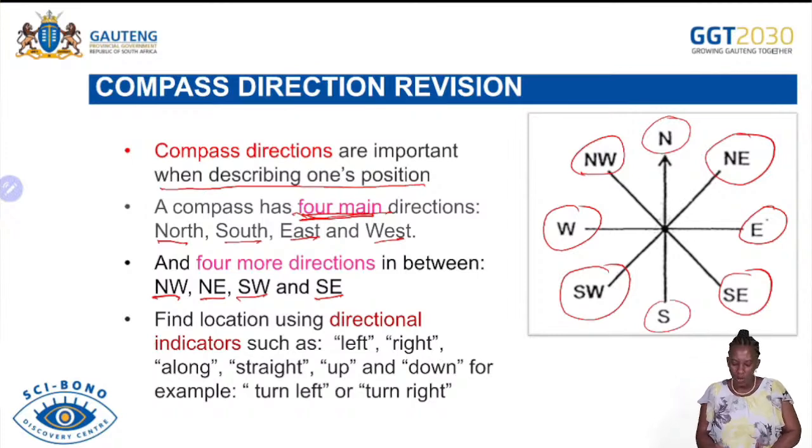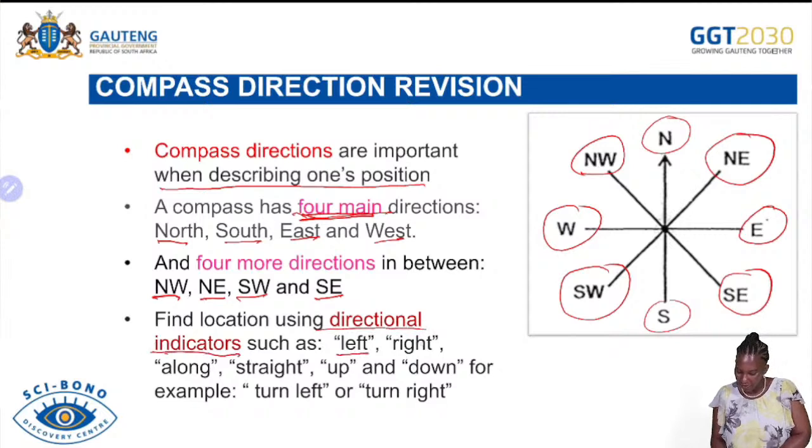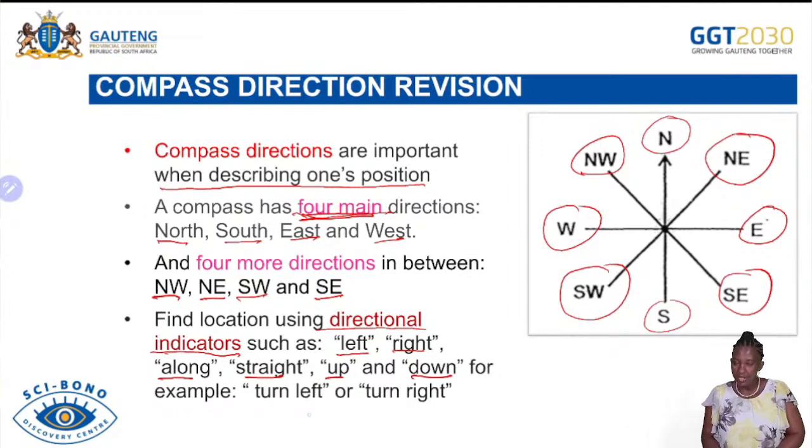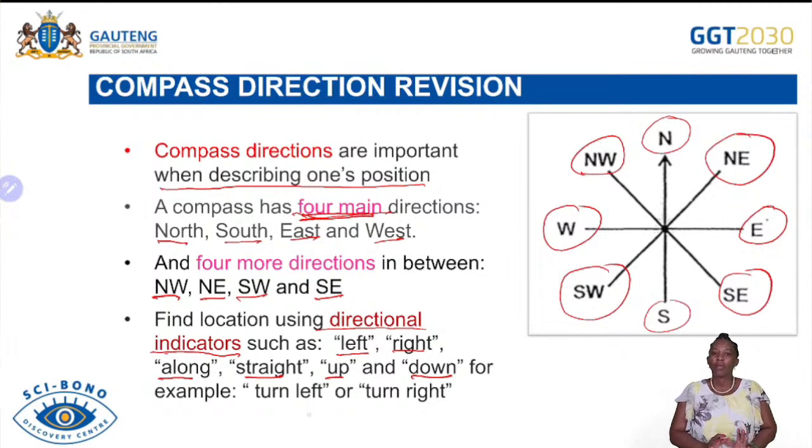So now when we use this compass direction to find the location using directional indicators such as the left, the right, along, straight, up, down, for example, then we just say, okay, turn left or turn right. Because remember, when we direct a person, you'll be telling them where you are facing, that would be your north.